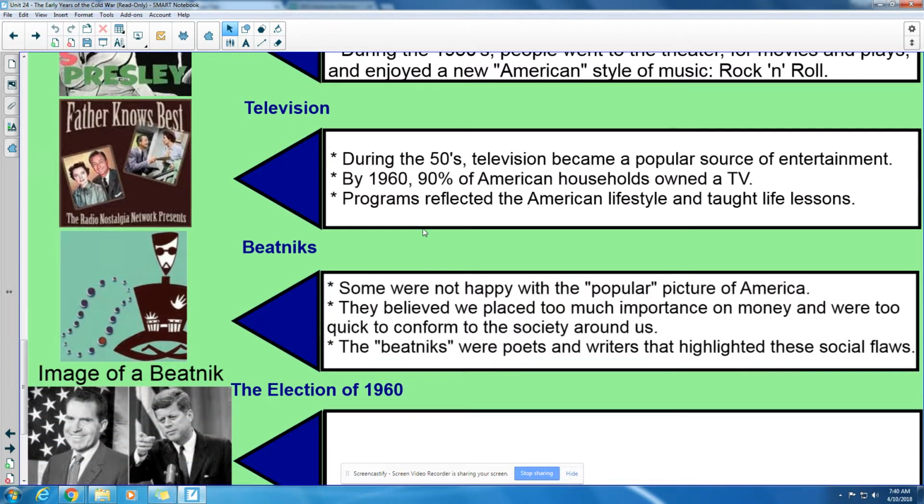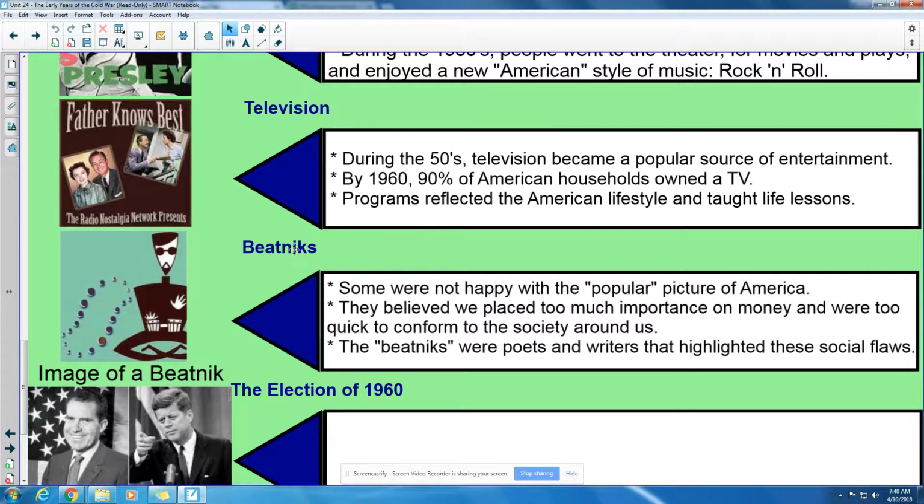Now, some people will rebel against this. Some people are not happy with American popular culture, or pop culture, the things that all Americans are tied into. They believe that too much importance is being placed on money, and that Americans are too quick to conform to what they see on television as being the norm for everybody.